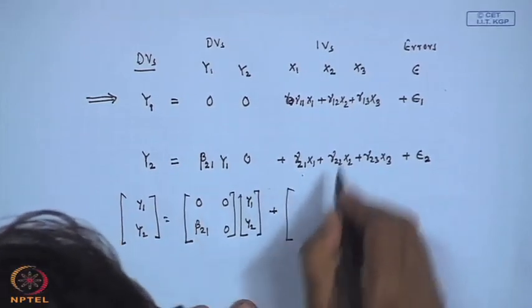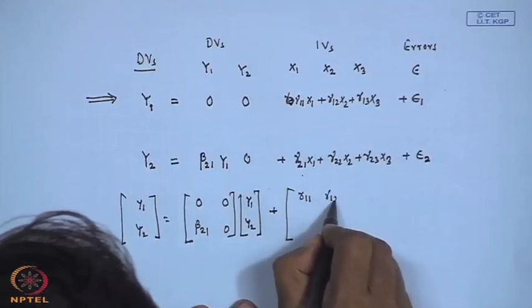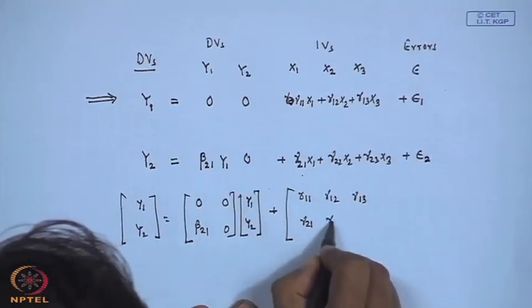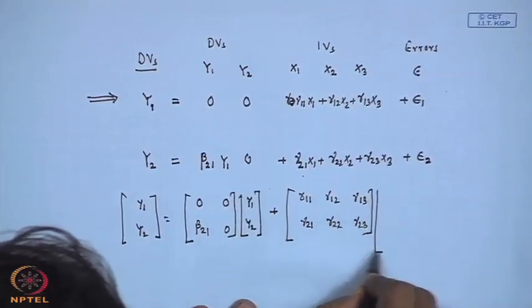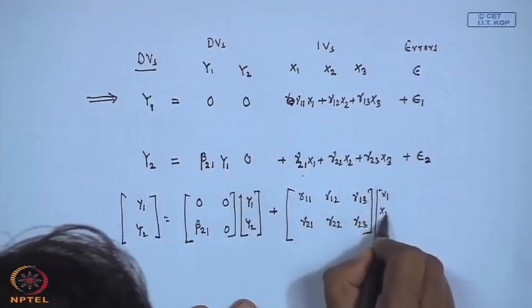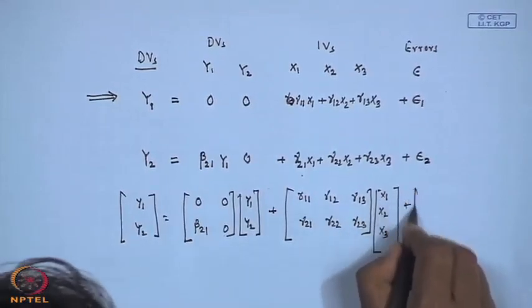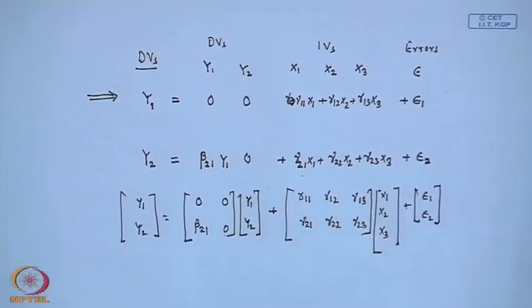Then here your gamma 1 1, gamma 1 2, gamma 1 3, gamma 2 1, gamma 2 2, gamma 2 3 into x1, x2, x3 plus epsilon 1, epsilon 2.